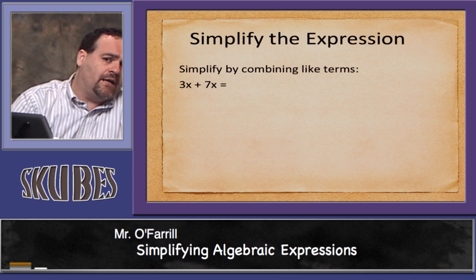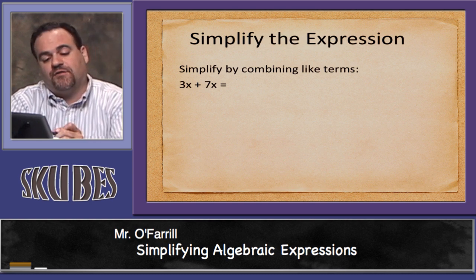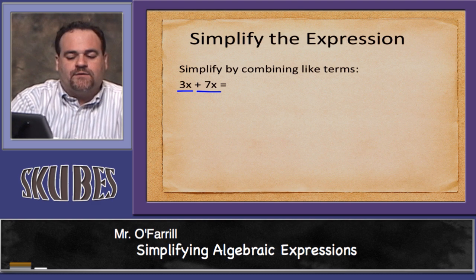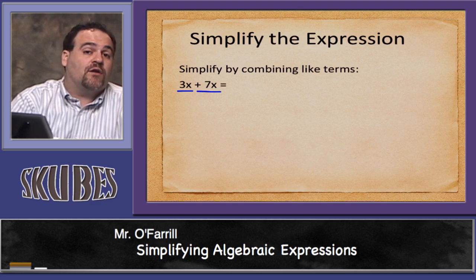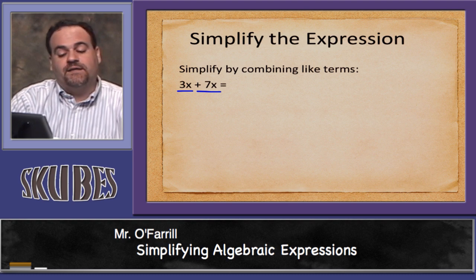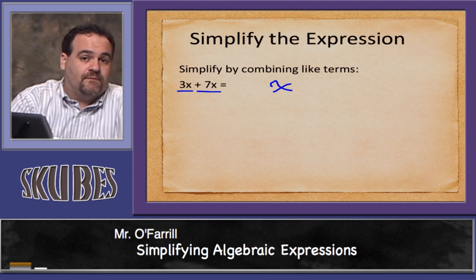So let's take a look at combining these like terms. I can go ahead and tell you this is a 3x and a 7x. They are like terms. We can combine them. And when you combine like terms, as long as the variable and exponent are the same, they stay the same.